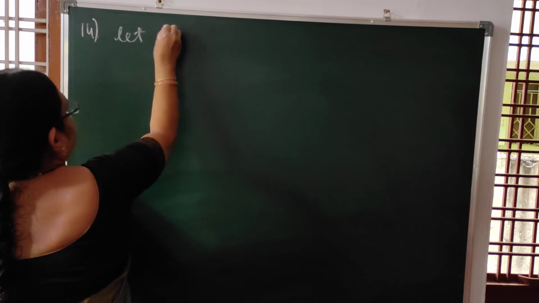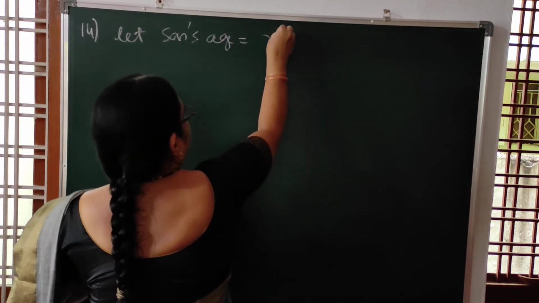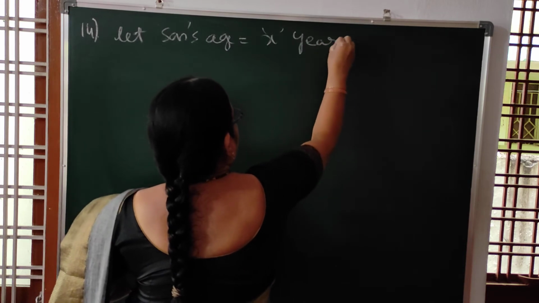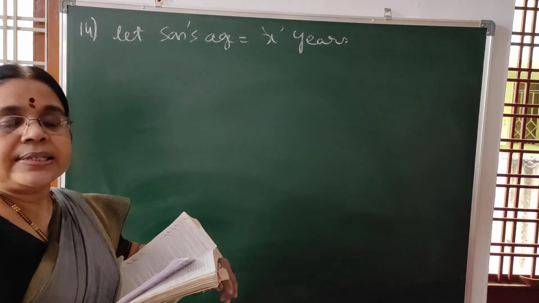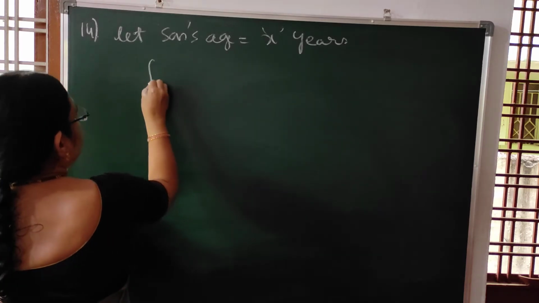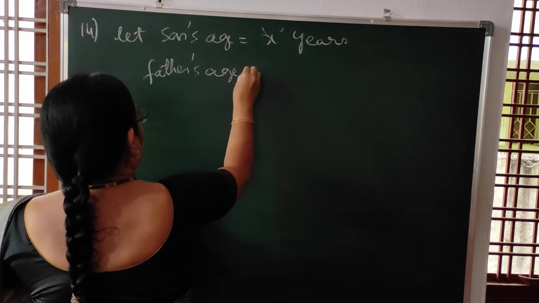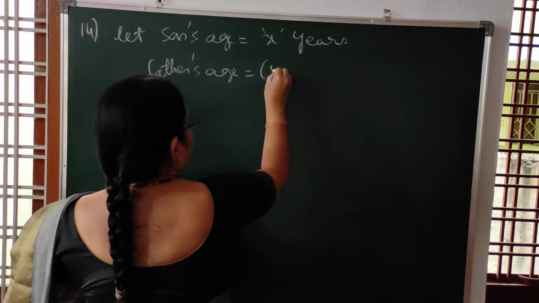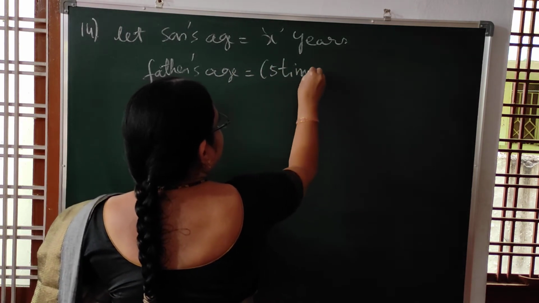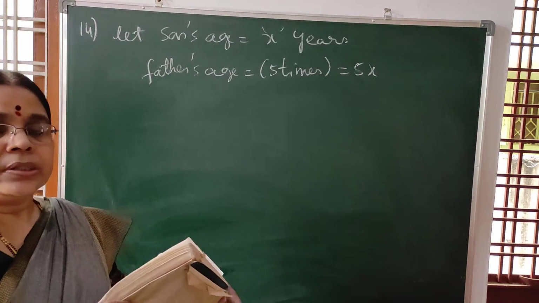Let the son's present age be x years. Then the father's age becomes what? 5 times the son's age, so the father's present age is 5x years.